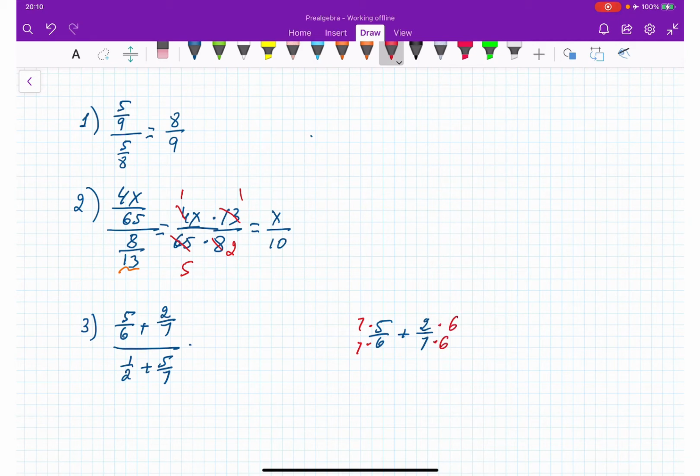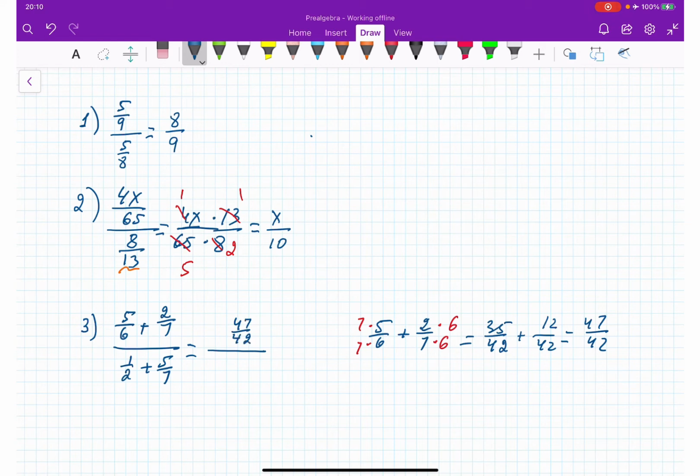Whoever needs to refresh their memory on how to find a common denominator, I'll put a reference to my video where I explain a very easy way to find a common denominator. Okay? All right, so from here, what do we get? 35 over 42 plus 12 over 42. And the result is 47 over 42. So in the numerator we get 47 over 42.